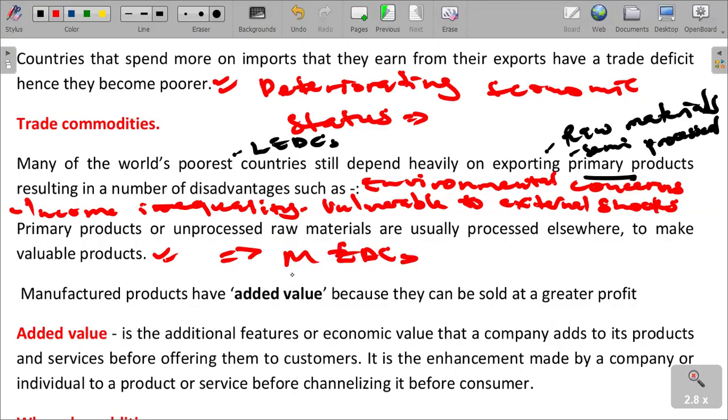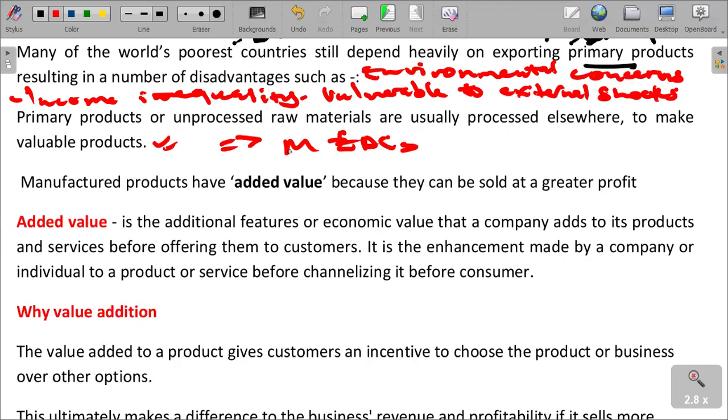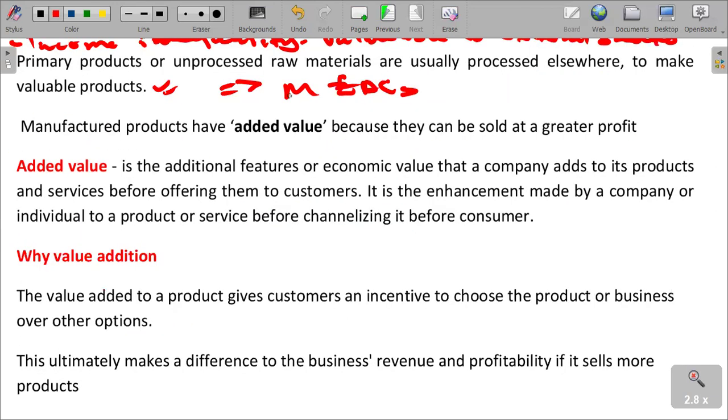They buy these unprocessed raw materials, and then they process them to sell them as well done products or final products at a better markup or at a better value added price. So we want to look at manufactured products, a value addition, because they can be sold at a greater profit, at a greater economic profit.